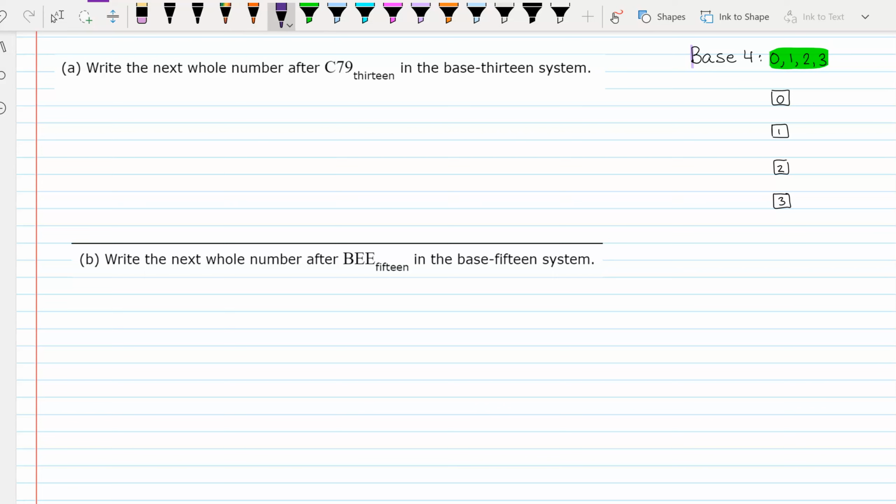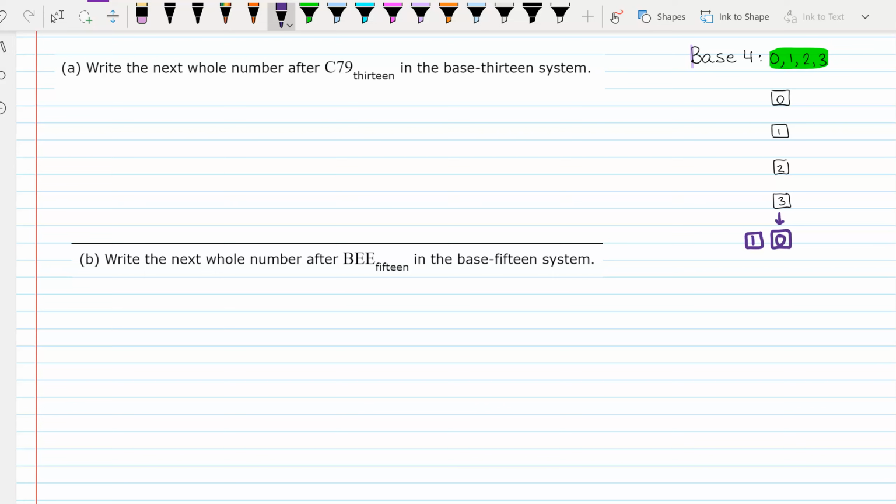So I have to roll this ones digit over to 0, and now I have to introduce the next digit. So that's going to start at 1.